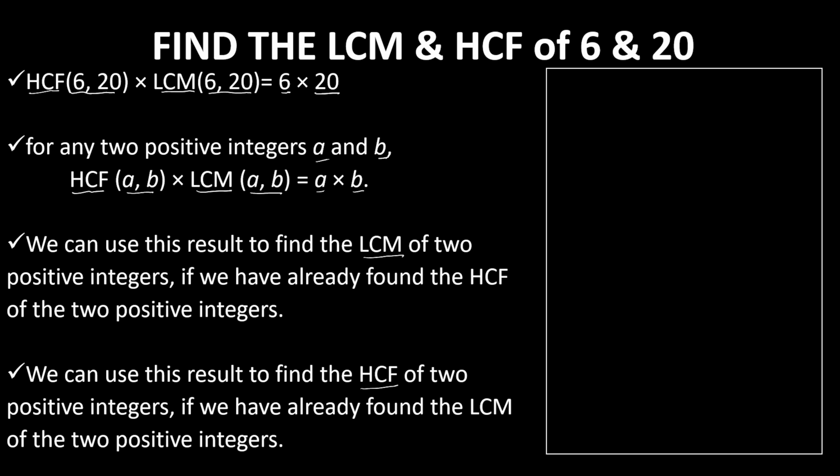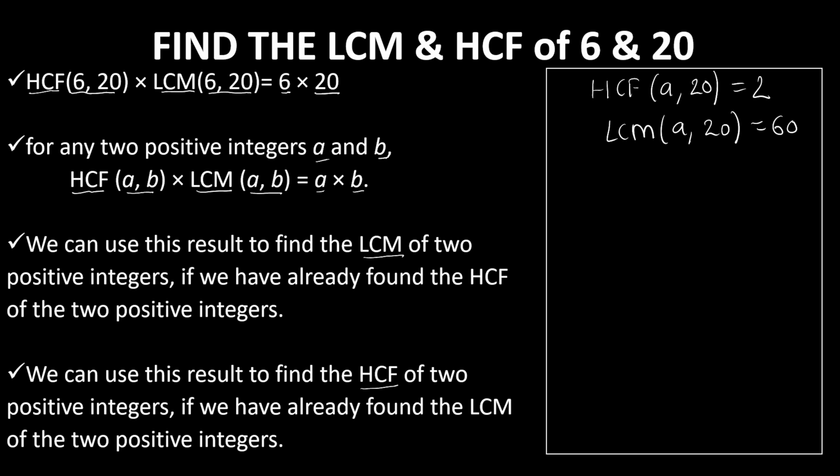For example, suppose you are given in the question that the highest common factor of two numbers a and 20 is equal to 2, and the lowest common multiple of a and 20 is equal to 60.